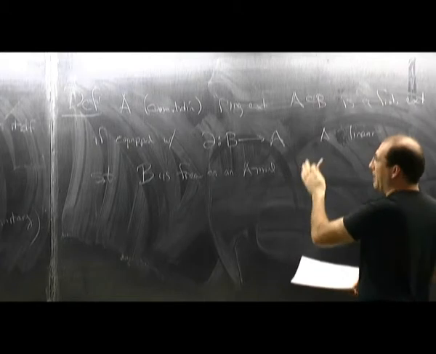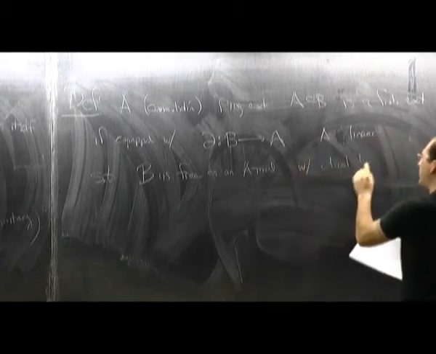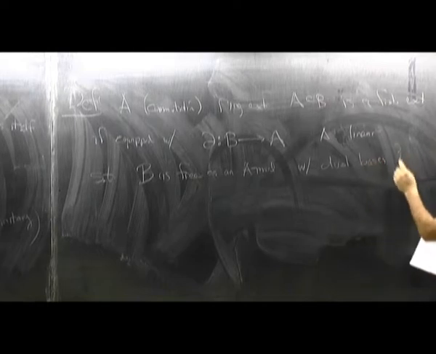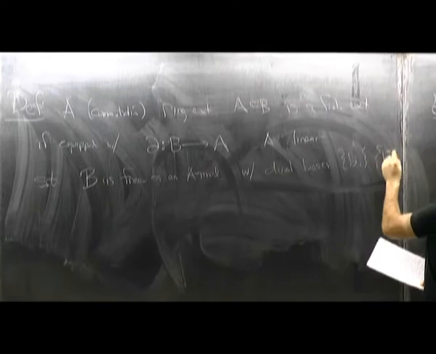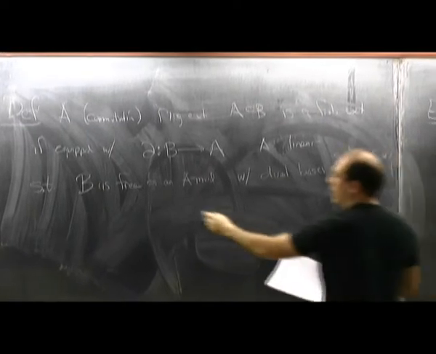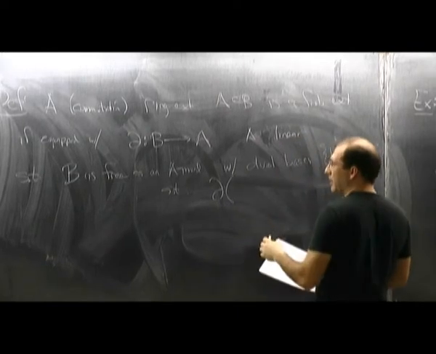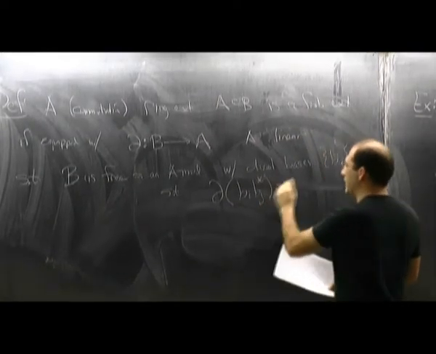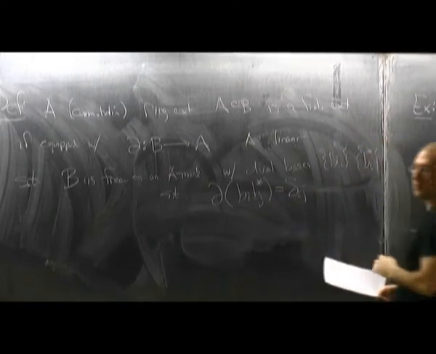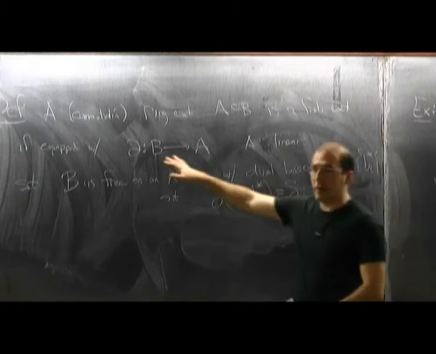So you can choose a basis, but in fact we can choose dual bases. You can choose one basis b_i and another basis b_i star, such that if you apply this delta to b_i times b_j star, you get delta_ij. So given this trace, you end up with a pairing.